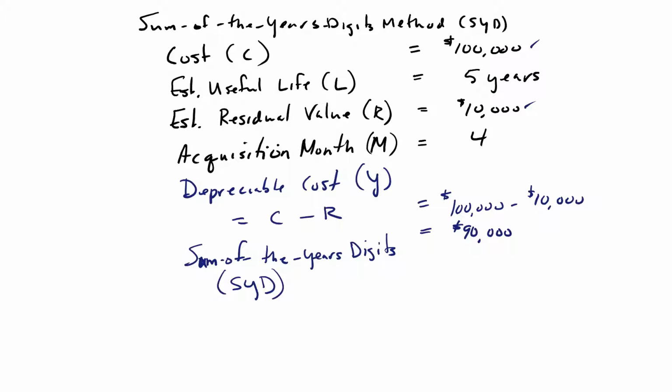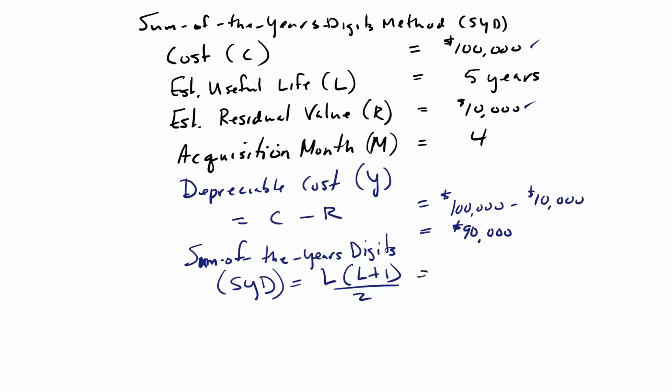In other words, you begin an arithmetic calculation with the estimated useful life, 5 in this example. You step down 1, so you go 5 plus 4, then again 3 plus 2 plus 1. And a shortcut way of calculating that is by taking the life of the asset times the life plus 1 divided by 2.